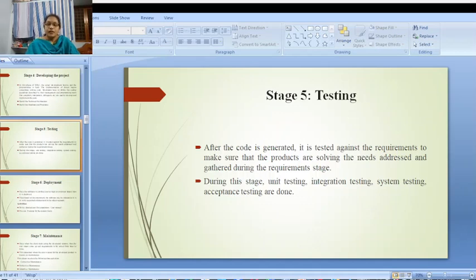In this testing phase, we have different types. Integration testing is normally carried out by quality assurance professionals to determine whether the proposed system meets the business goals or not.